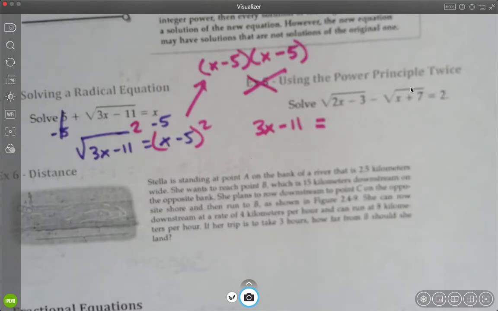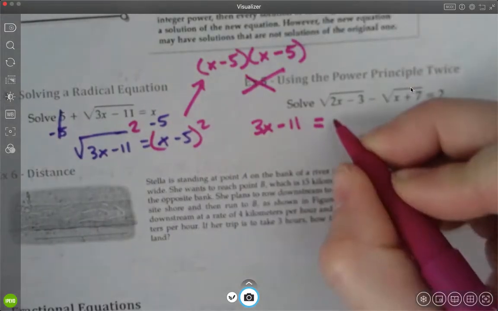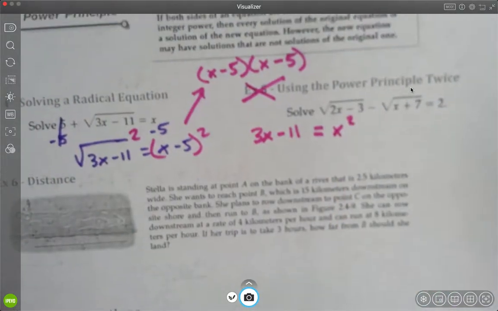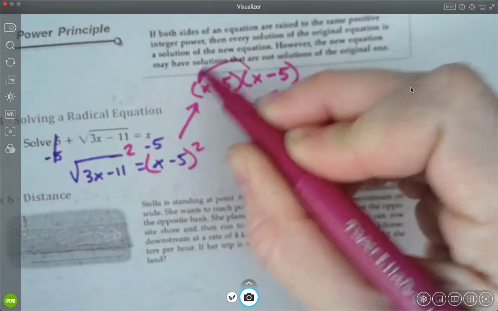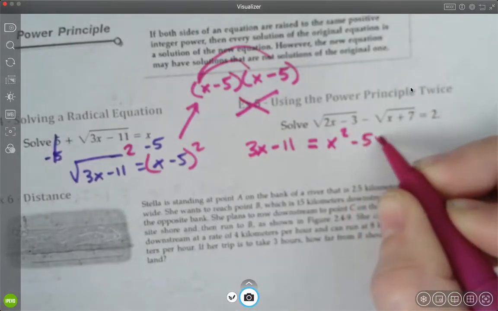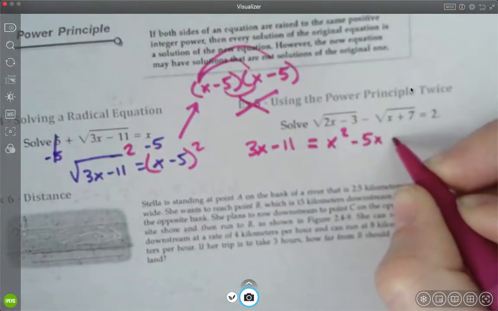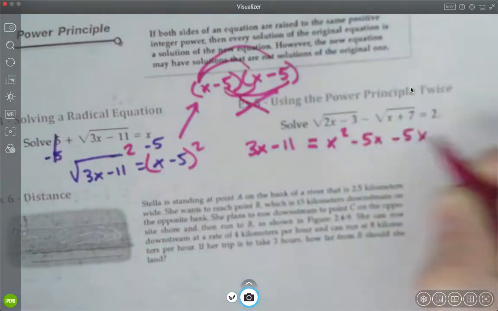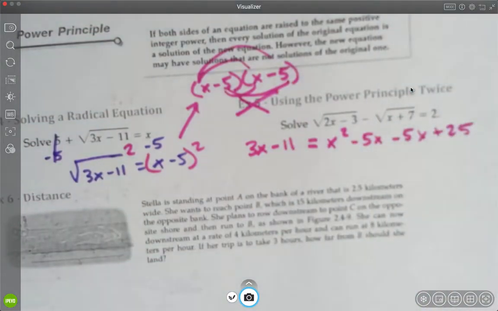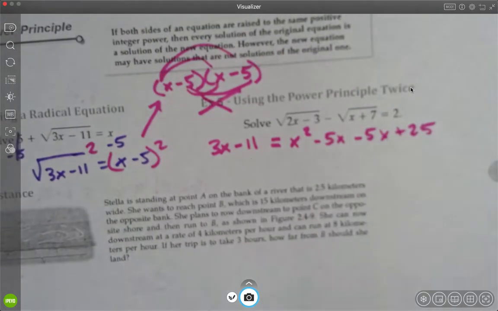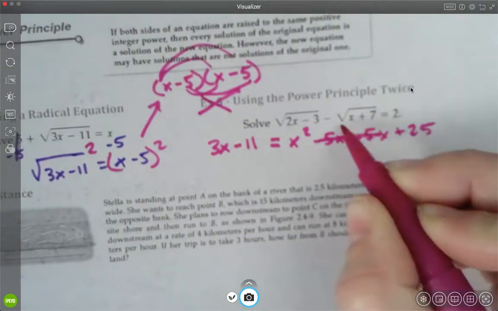You can't just distribute the square, right? So that is x squared. If you FOIL, minus 5x, minus 5x, plus 25. So this guy becomes negative 10x.